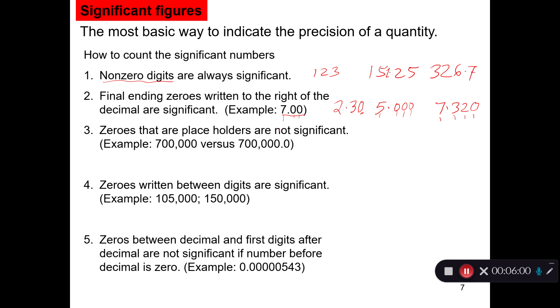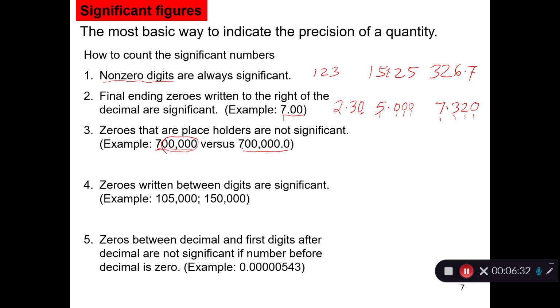Okay, now the next rule is that zeros that are placeholders are not significant. Look at this number, 70000, and this number, 70000.0. In the first case, these zeros are just placeholders. Without writing scientific notation, I don't know exactly how precisely we can measure. It might be one significant figure, just one, with all the zeros non-significant, or it might be a little bit more after writing scientific notation.